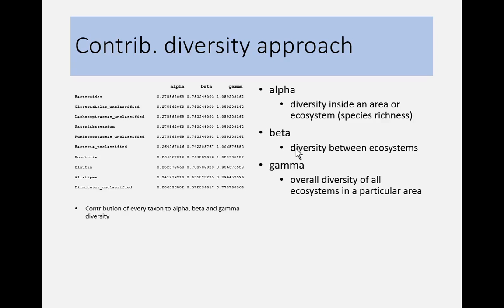Now this is how it looks like. So this is a diversity partitioned into gamma, beta and alpha diversity here in these columns, and then you have different kinds of taxa here on the rows. So this just gives you a general idea about how the diversity looks on the basis of the dataset.